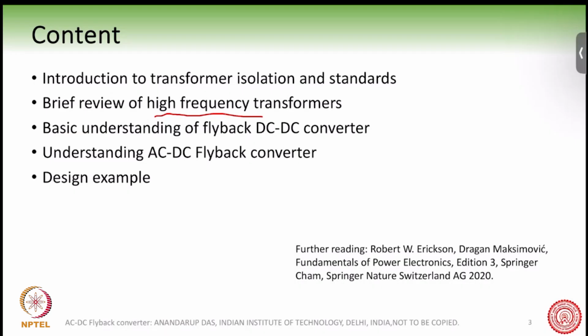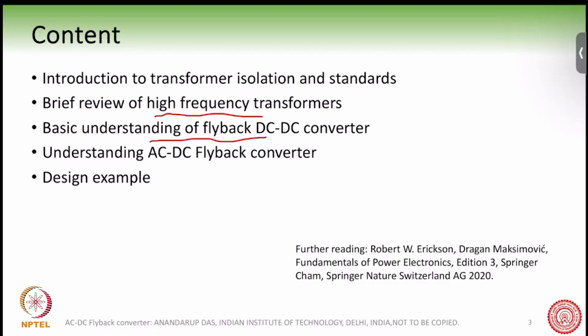Then we will go in depth into the flyback DC-DC converter, how its operation is and how it works. Eventually, we will move into the AC-DC flyback converter, and we will take up some design examples.